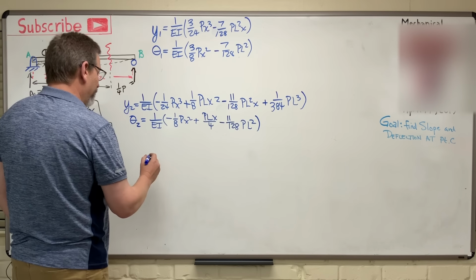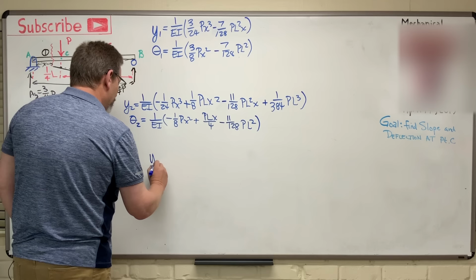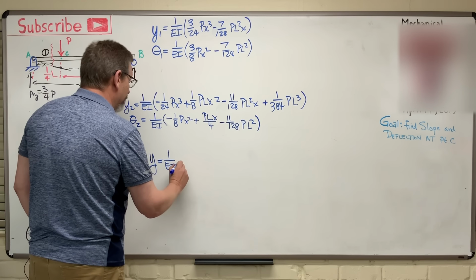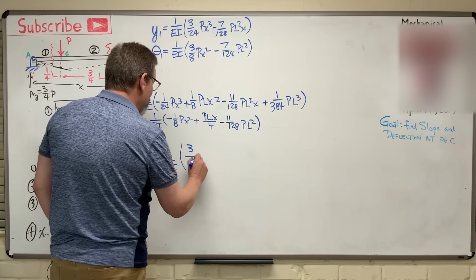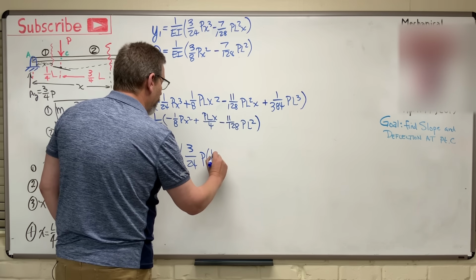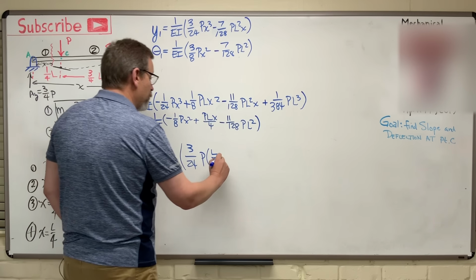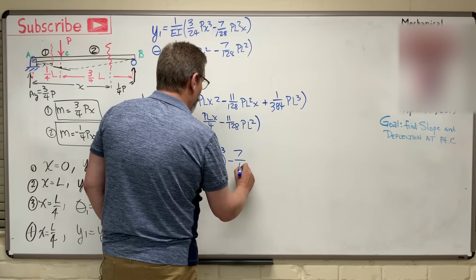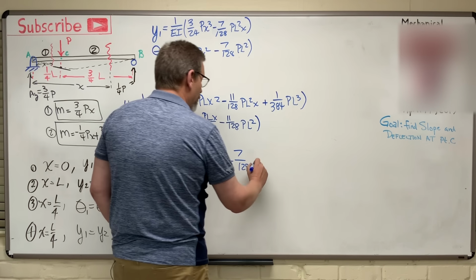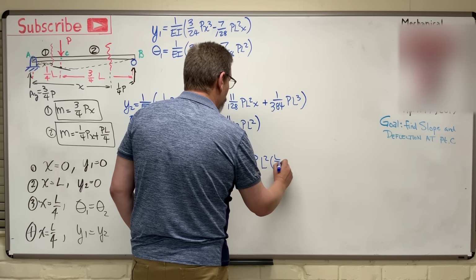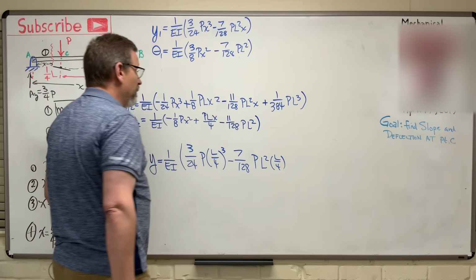Deflection, that's y, is equal to 1 over E times I of 3/24 P times L over 4 cubed minus 7 over 128 P L squared times L over 4.